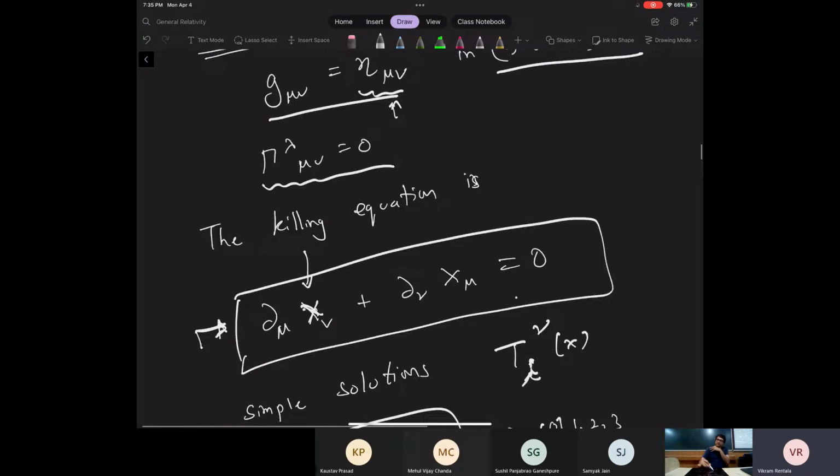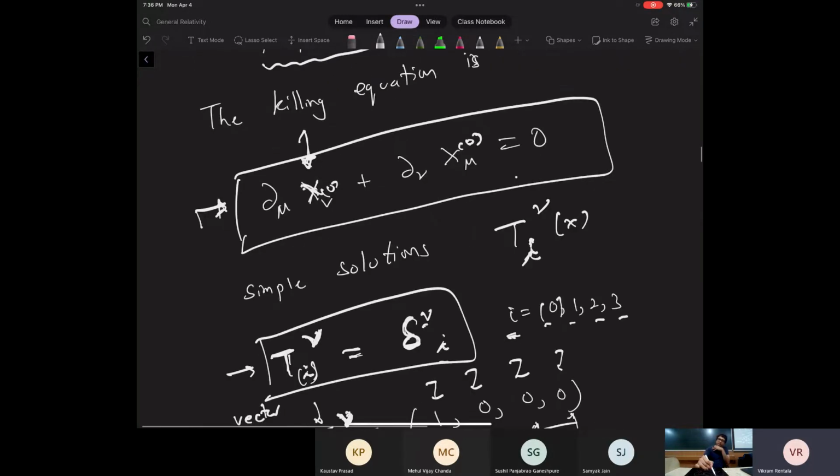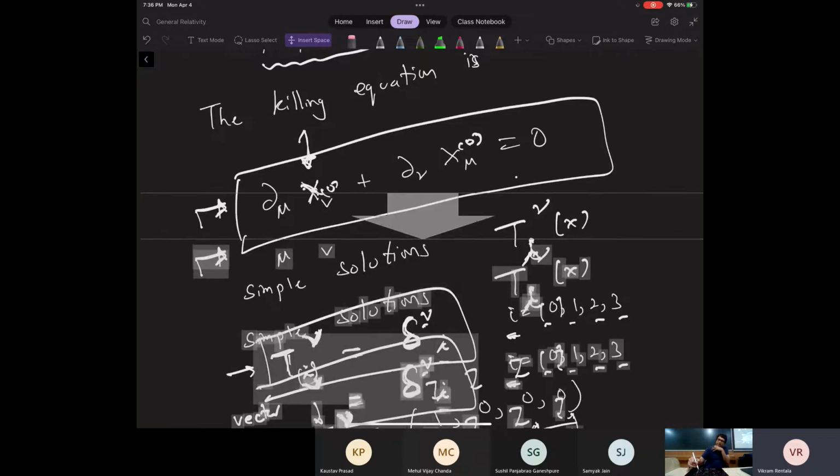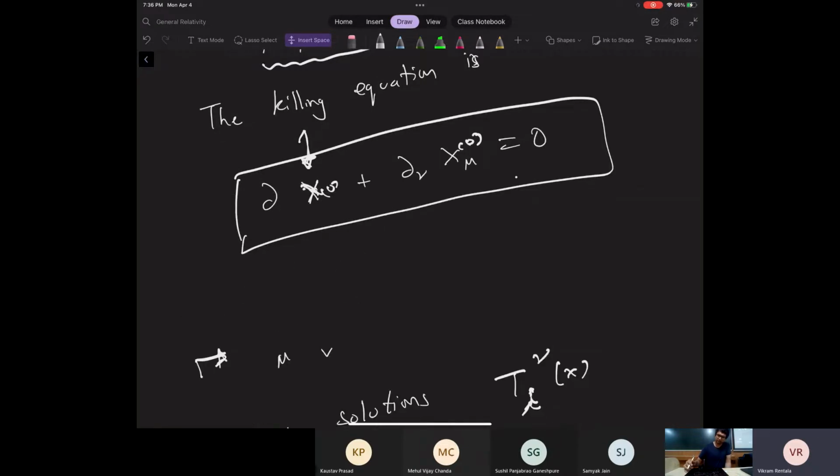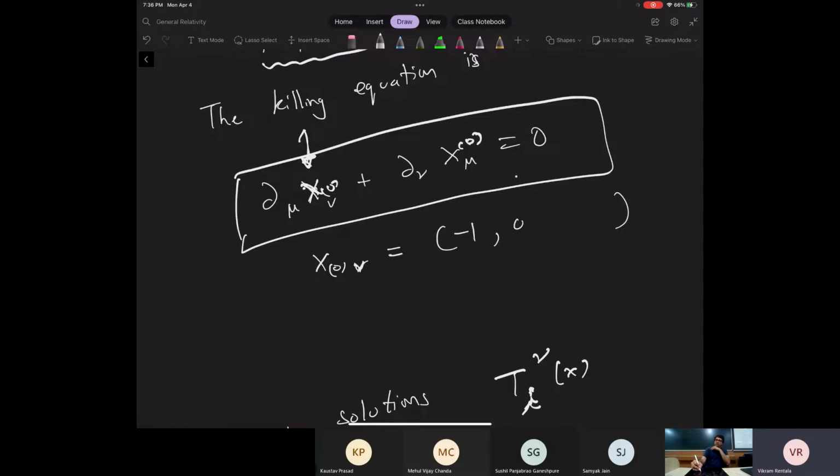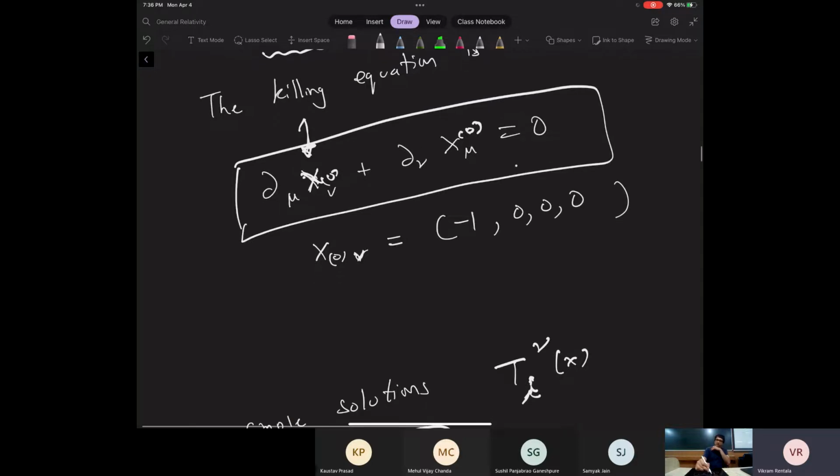So, for example, if I look at this equation, let me take the T0 vector. What are the components of T0 nu with a lower index?